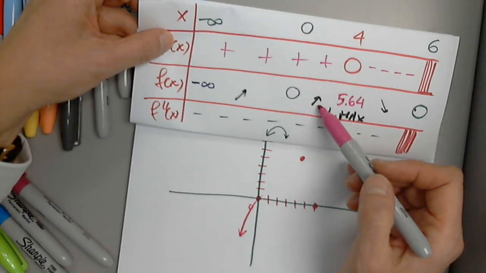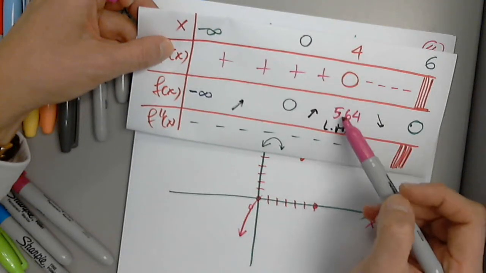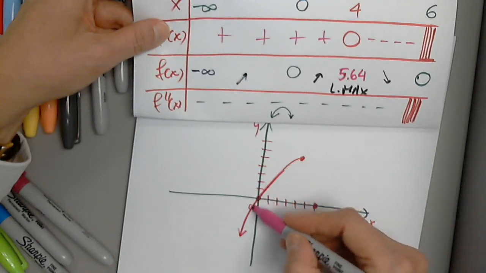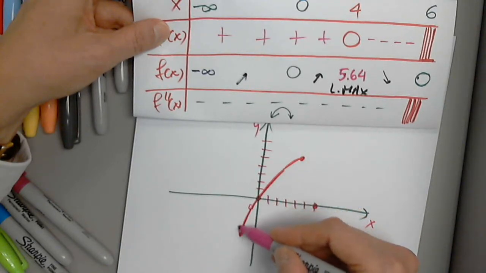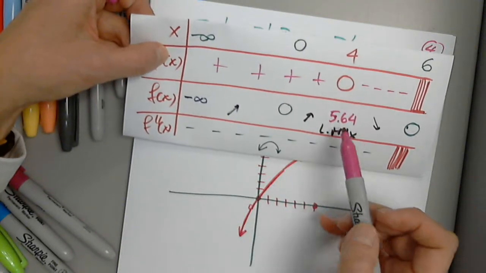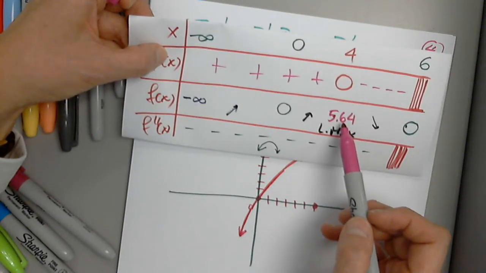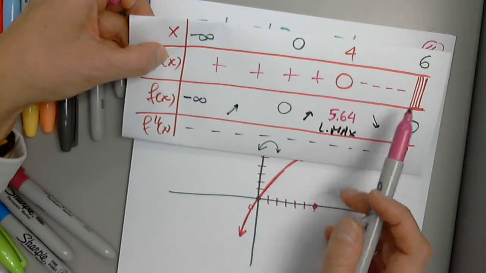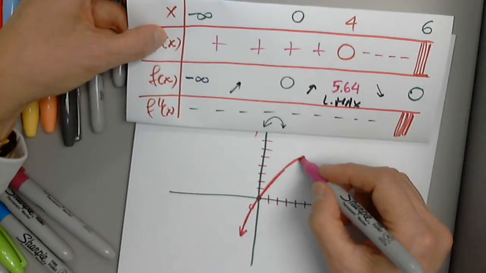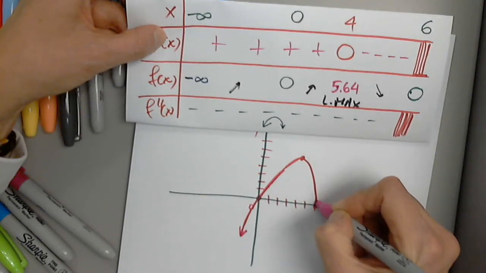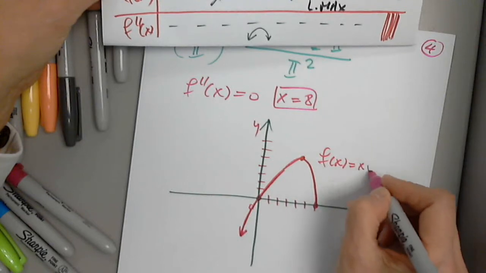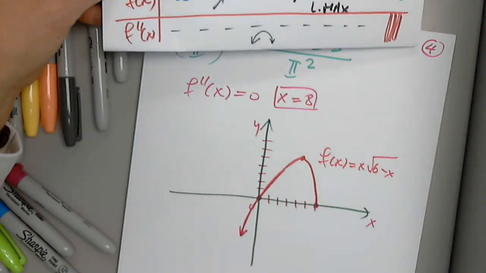It continues to increase to this point, which is a local max. Still opening downward, it starts to decrease to (6, 0). This is the graph of f of x equals x times the square root of 6 minus x.